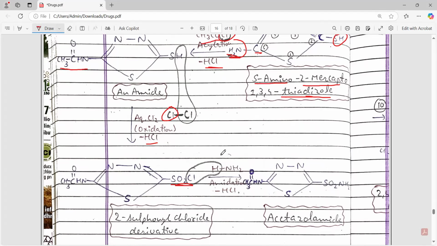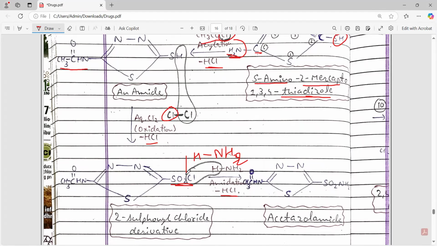So here we are taking NH3, I'm just writing HNH2, ammonia. In the presence of ammonia, NH2H, so H and Cl will be removed like this, HCl. And here it is having SO2NH2, and this H will be there.